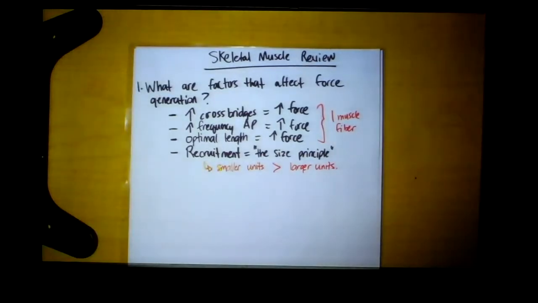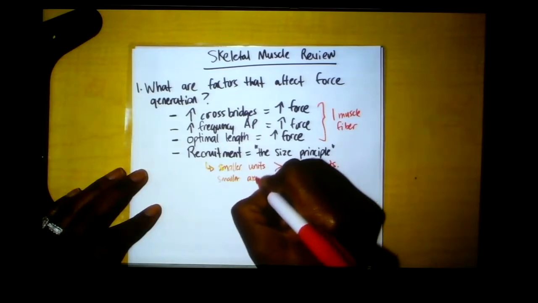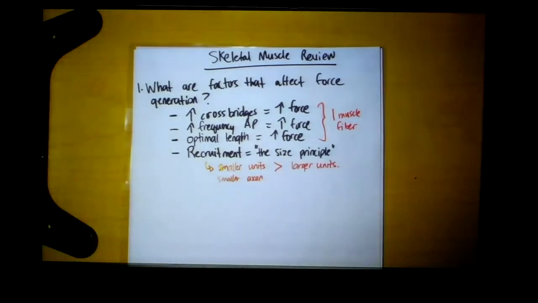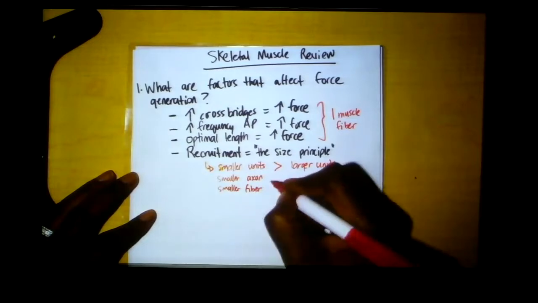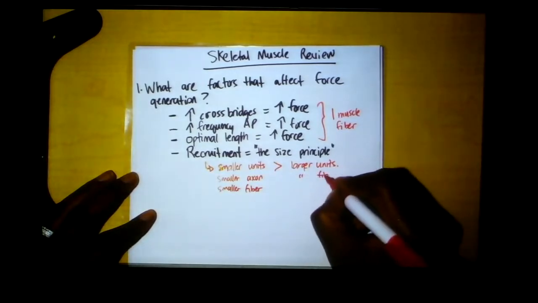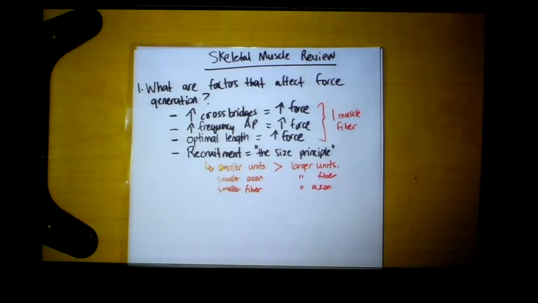Okay, and this not only had to do with the size of the unit, i.e. how many fibers were attached, but this also had to do with the size of the axon diameter, so a smaller axon, and the size of the fiber diameter, right? So a smaller fiber before a larger fiber, larger axon, okay? And that's the size principle, that's recruitment, okay?